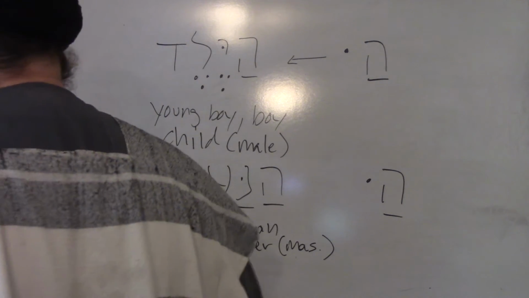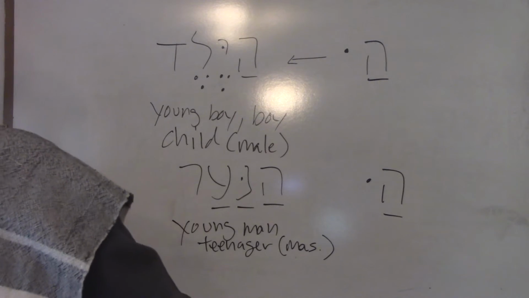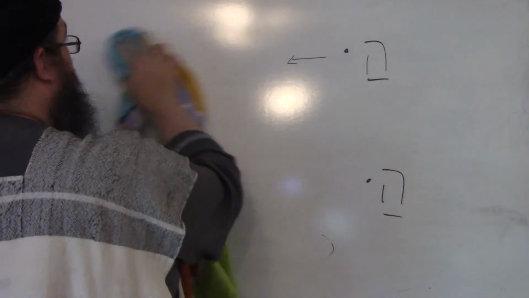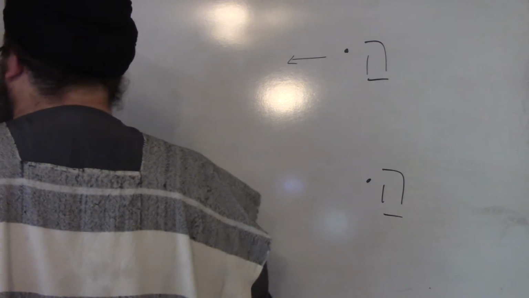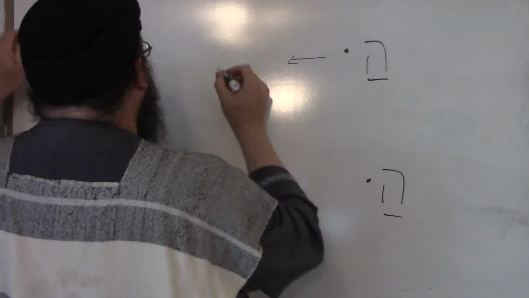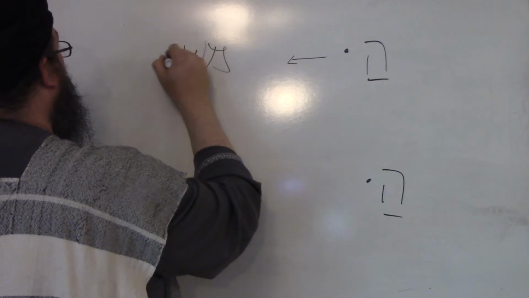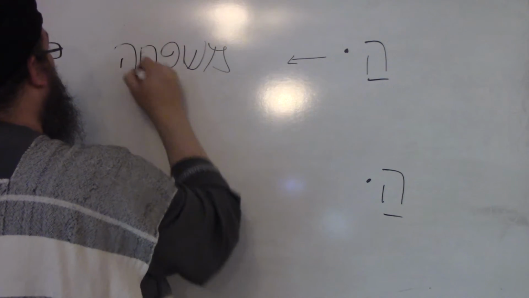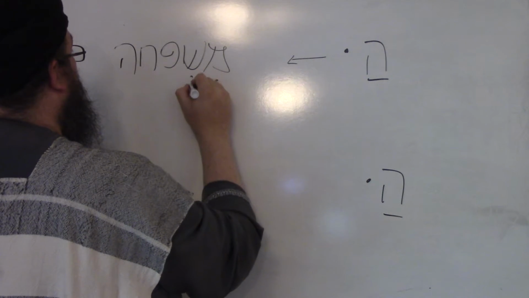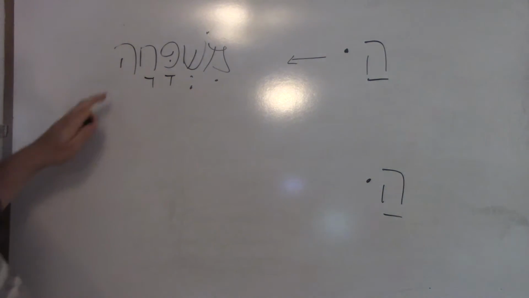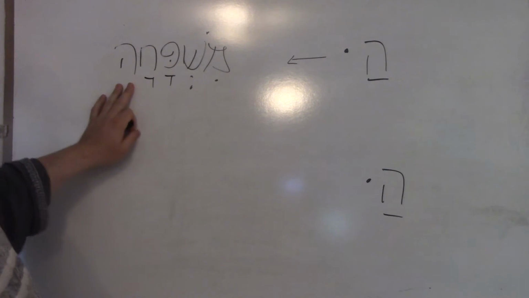And this is important as we're going through and utilizing this hey article on the different nouns. And we'll use that on different nouns over here too. We'll bring up the word like mishpacha. Mishpacha is a feminine noun, and why is it?